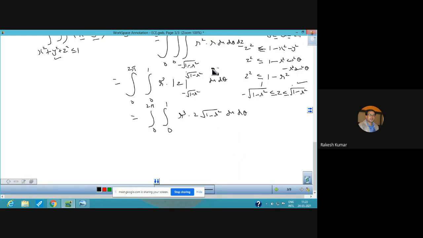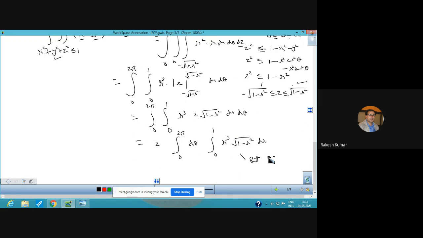Because when you put the upper limit minus the lower limit, minus minus will become plus. So 2 can be taken common. 0 to 2 pi, that is d theta, and 0 to 1 r cube square root of 1 minus r square dr. And for this you can use a substitution here.